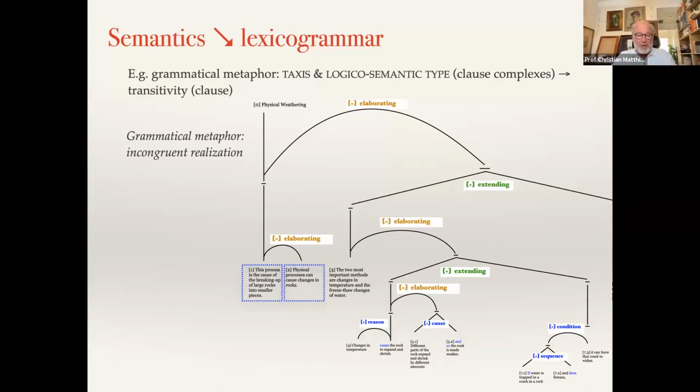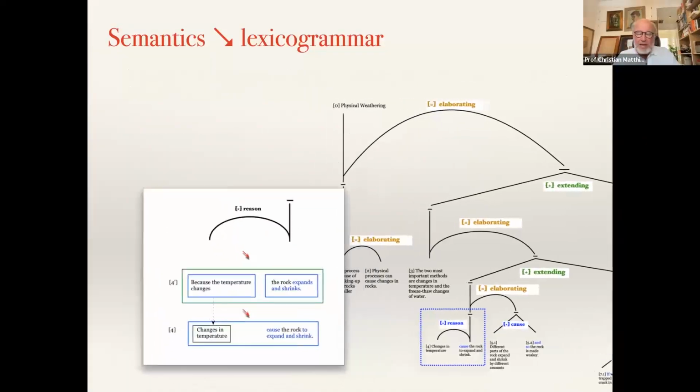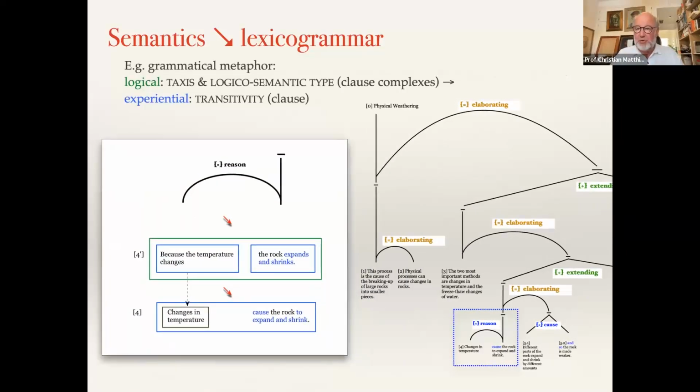Same is true of the second one. But let me use this example. Changes in temperature cause the rock to expand and shrink. A more congruent version of this would be a combination of two clauses. Say, because the temperature changes, the rock expands and shrinks, or the temperature changes, so the rock expands and shrinks.